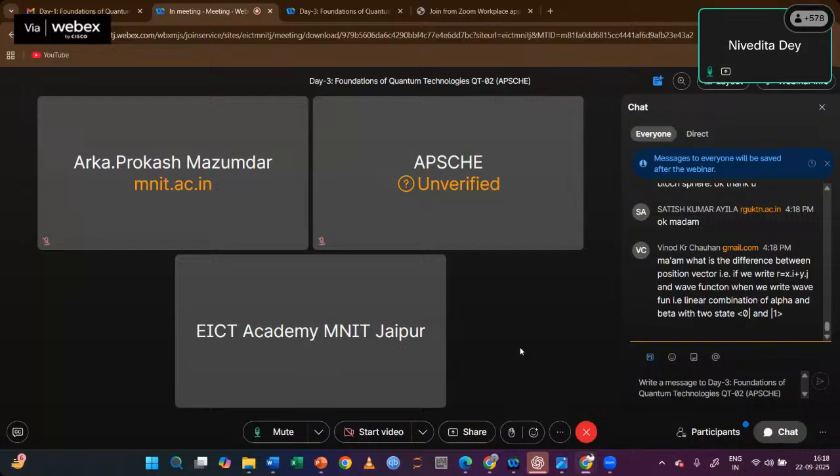That is a position vector, I guess. And alpha and beta, they are also, of course, like psi, ket 0 and ket 1 together. If you write alpha ket 0 plus beta ket 1, that will also be placed somewhere in the Hilbert space, or it can be represented in the Bloch sphere, which will have a certain kind of position vector.